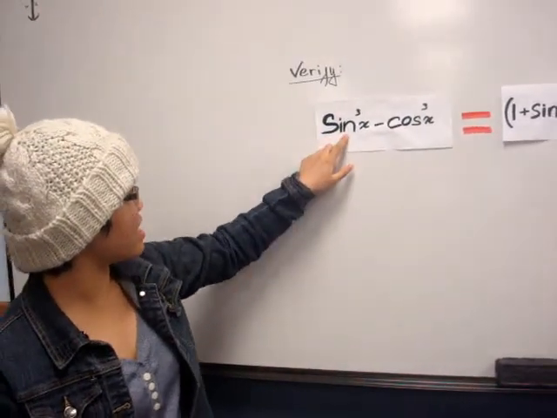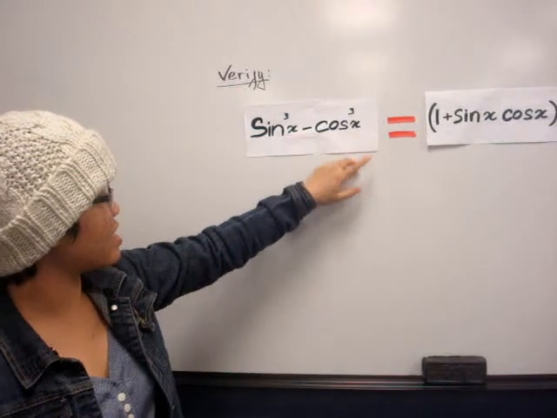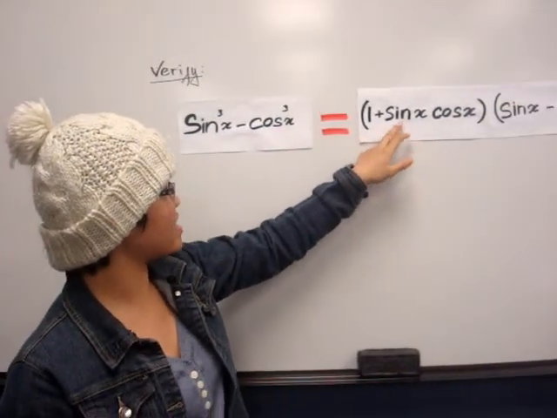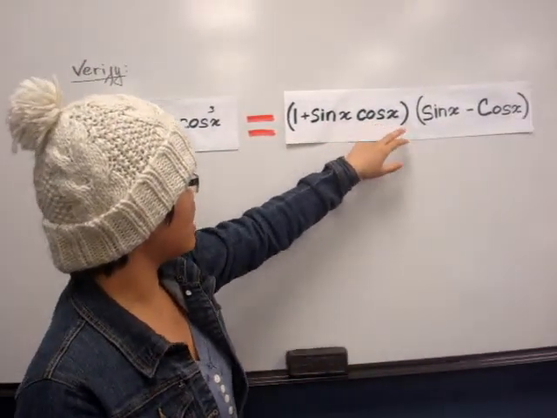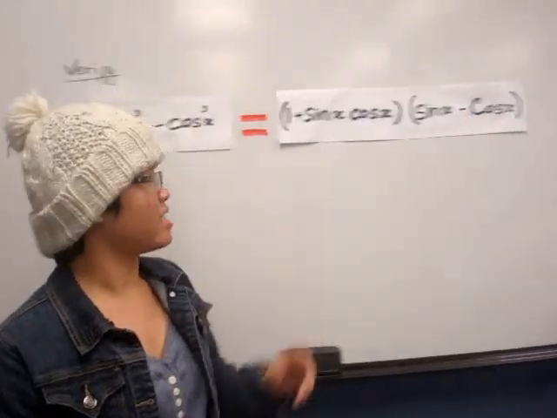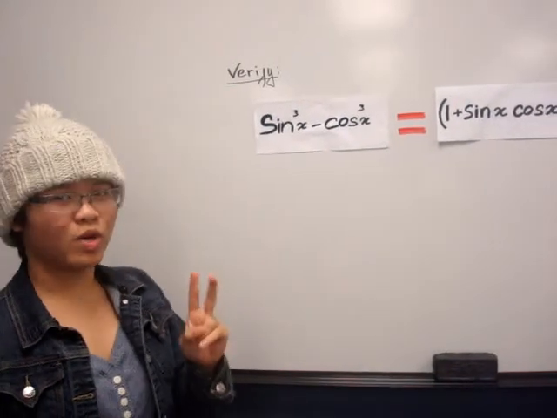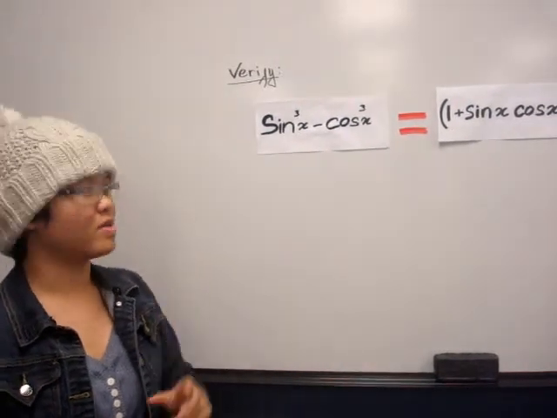The problem is sine cubed x minus cosine cubed x equals 1 plus sine x cosine x times sine x minus cosine x. In this problem, we have two ways to do it.